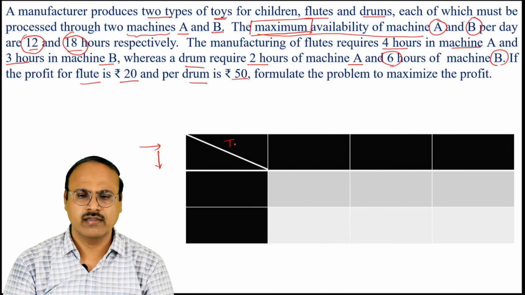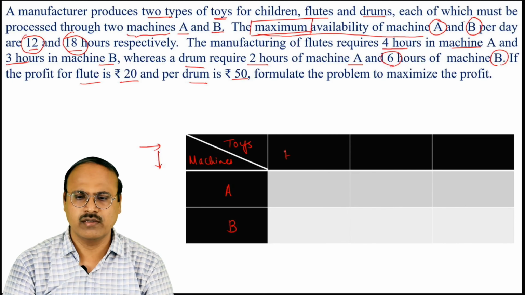So let us take toys as the row entries and let us take the machines as the column entries. How many machines are there? There is a machine A and there is a machine B. And how many toys are there? There are two toys. One is the flute, the other is the drum.